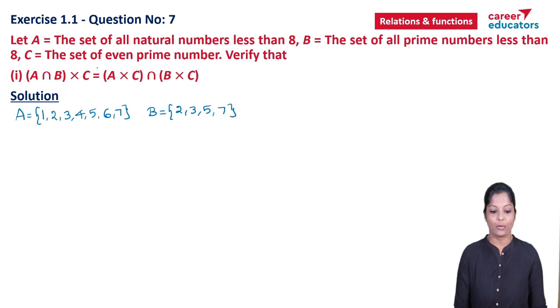And C equal to set of even prime number. 2 is the only even prime number. Therefore, C equal to 2.